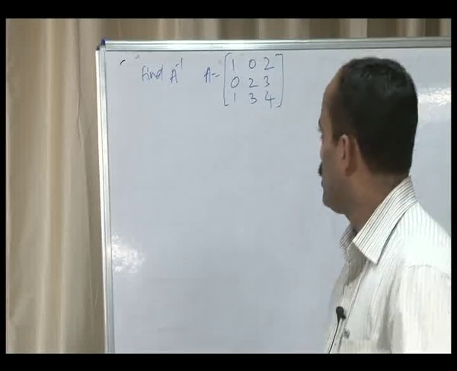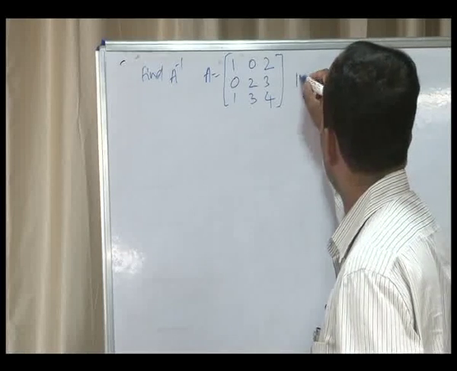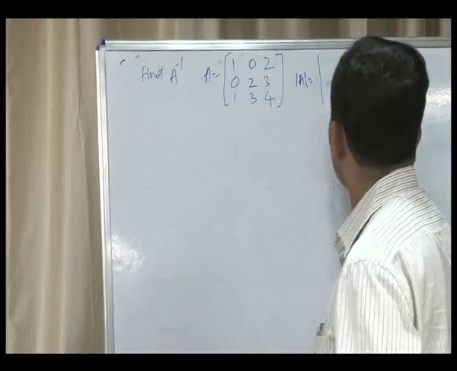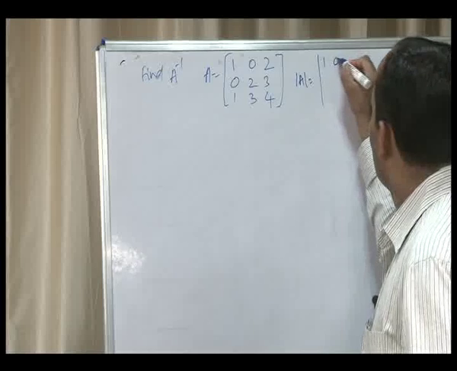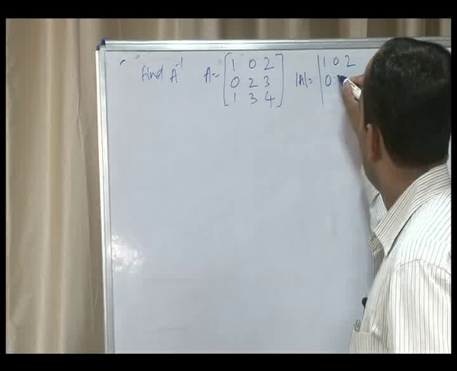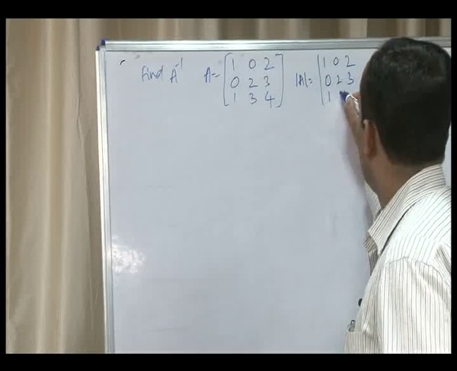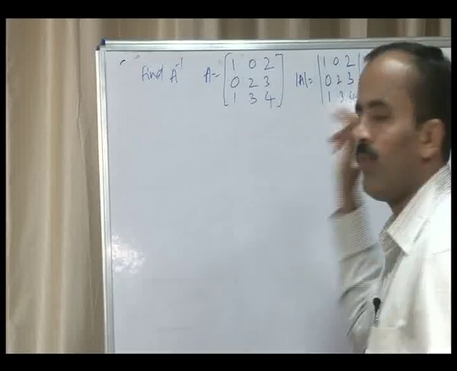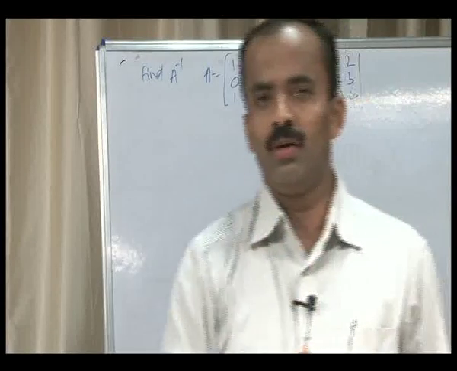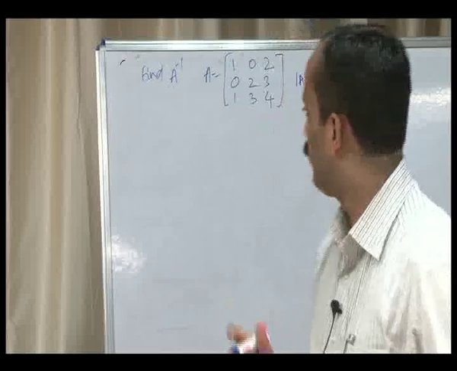That is why first we have to find what is delta A, what is determinant of a matrix. If determinant of a matrix becomes 0, then A inverse does not exist. That is why first of all we have to find the value of the determinant of a matrix.